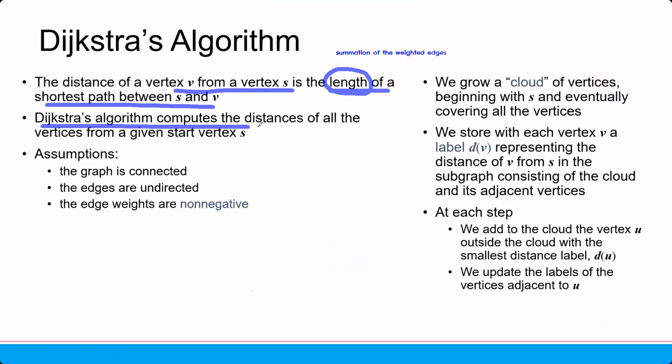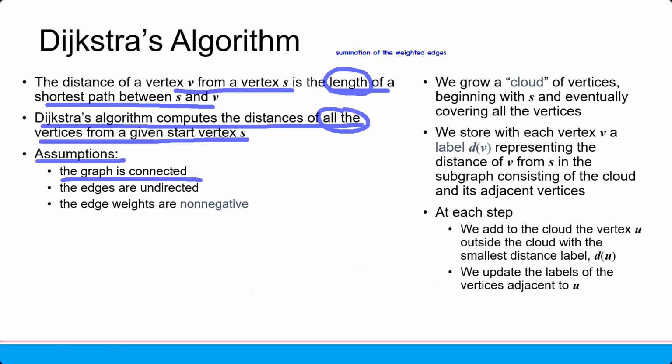The Dijkstra algorithm computes the distance of all the vertices from a given start vertex. Okay, we are going to find all vertices, not only one. So the assumption is the graph is connected.